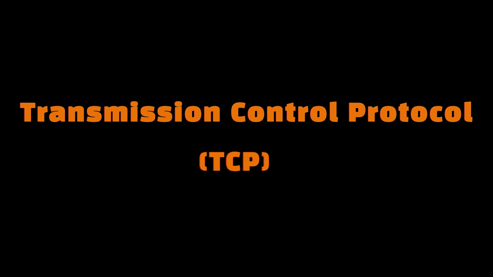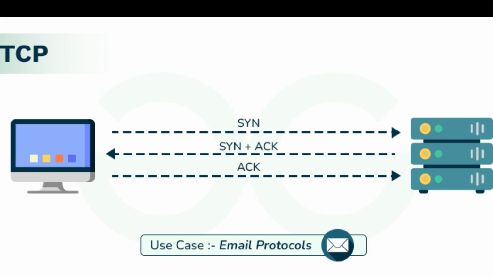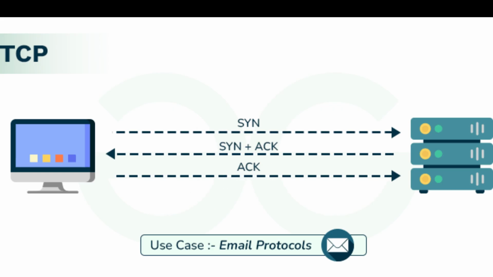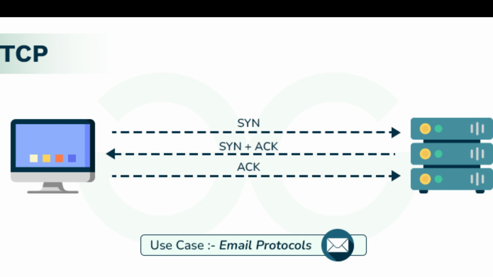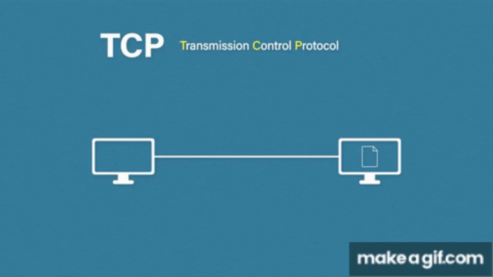TCP, Transmission Control Protocol, is a core communication protocol in computer networks, providing reliable, connection-oriented data transmission between devices. TCP ensures data integrity and order through mechanisms like acknowledgements, sequencing, and flow control. It establishes a connection between sender and receiver through a three-way handshake, manages data transmission in segments, and guarantees delivery by retransmitting lost or corrupted packets.